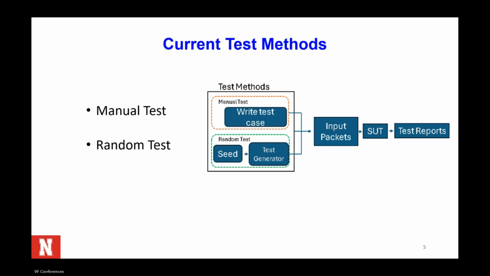The test approach includes manual testing and random testing. But right now, the hardware TCP stack is very complex, and the hardware test includes a lot of processes. My paper is focused on the function test, not the logical test and the timing test.